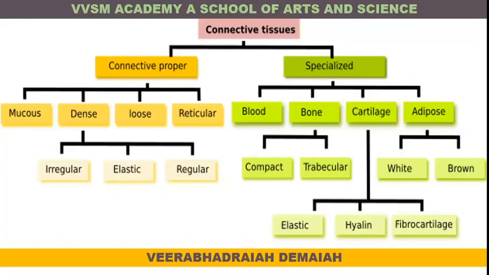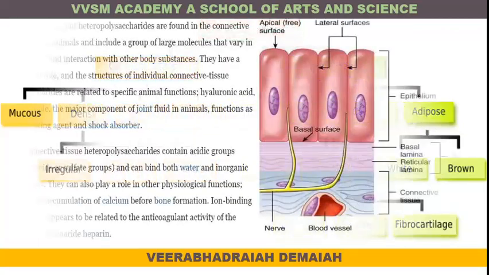The bone is further divided into two: compact and trabecular. The cartilage is further divided into three main branches: elastic, hyaline, and fibrocartilage. And adipose is divided into two branches: white and brown adipose.